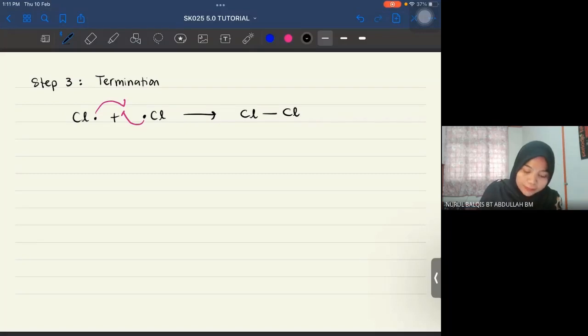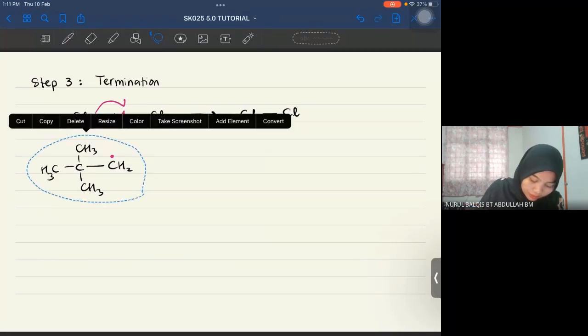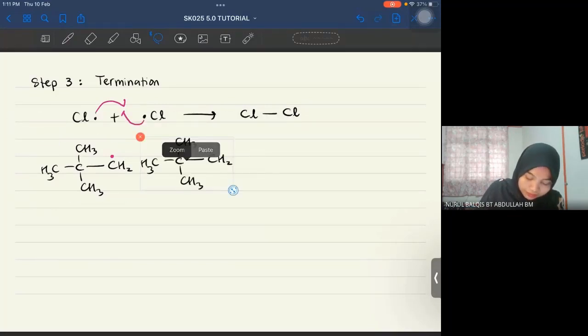Okay, siap. Lepas tu kita ada radical of carbon, carbon yang tadi tu. So kita ada CH3, CH3, CH3, CH2. Okay, saya copy balik. Kita akan further react dia.